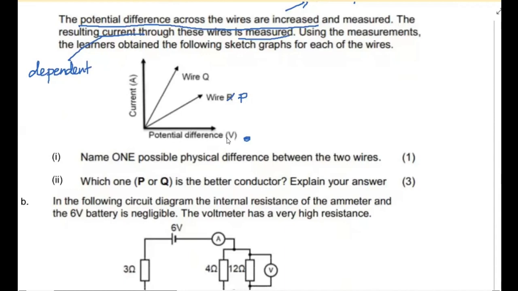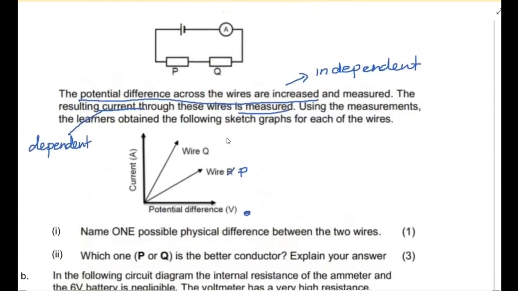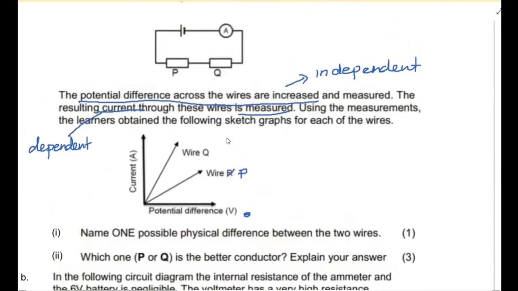So now, if they have different gradients, what is that telling me is different? You can tell me what's different about the two wires if they've got different gradients. The resistance. Resistance. Everyone else happy with the fact that it's resistance?